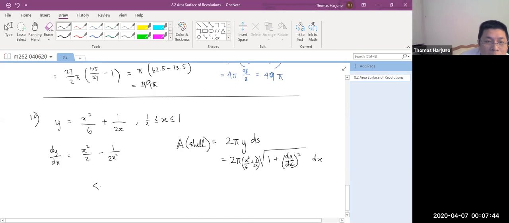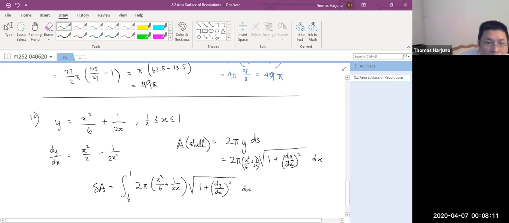So the surface area of revolution will be the integral from 1/2 to 1 of 2 pi y, which is x cubed over 6 plus 1 over 2x, times the square root of 1 plus (dy/dx) squared, dx.